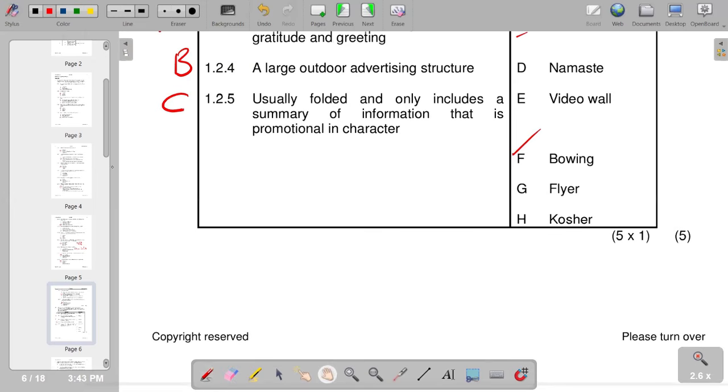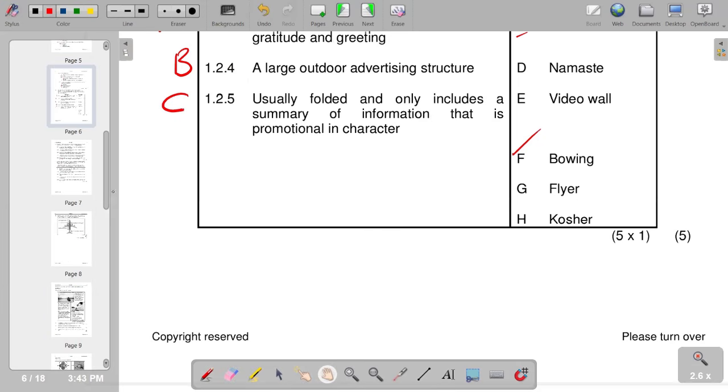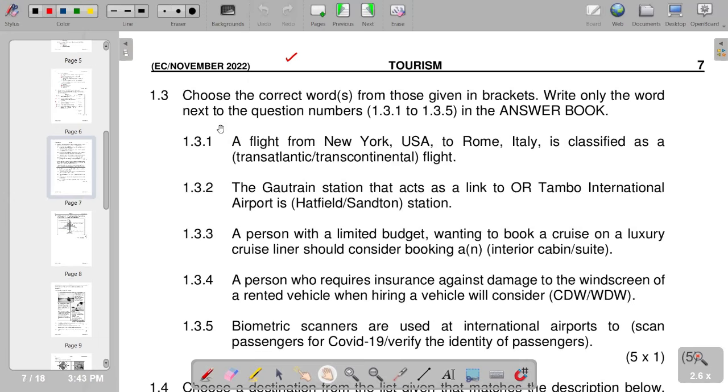So we move on to the next section, which is going to be 1.3. You have to choose the correct word from those given in brackets. Of course, on the first part, a flight from New York, USA to Rome, Italy is classified as a transatlantic flight or transcontinental flight. So the correct one is transatlantic, which we have on that part.